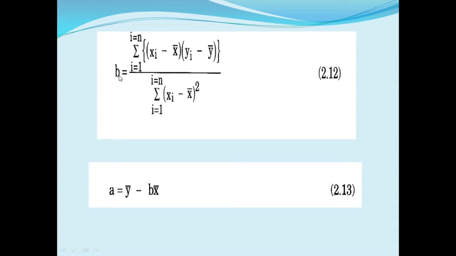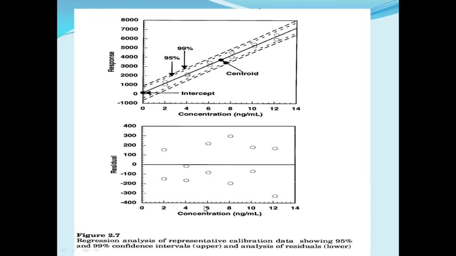It is the slope, and the intercept A is equal to y bar minus b into x bar. This is a response function in which the measured quantity yi is linearly related to concentration.